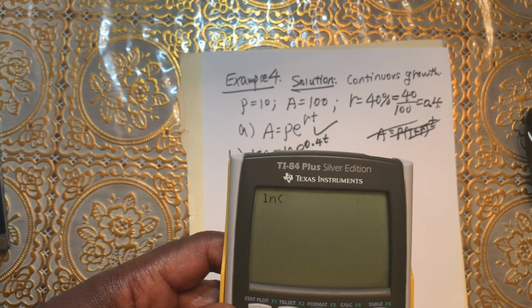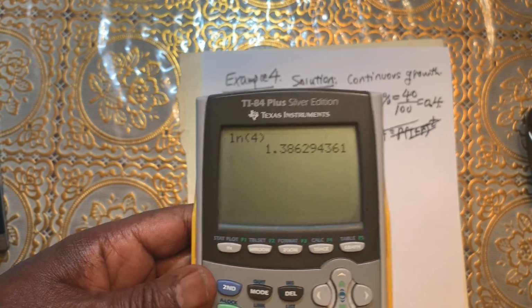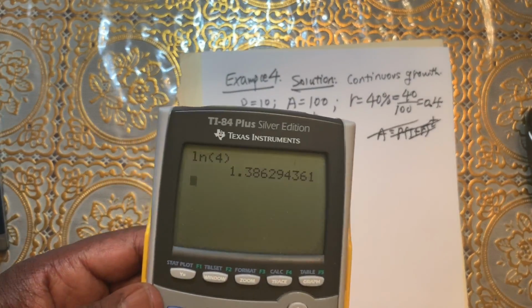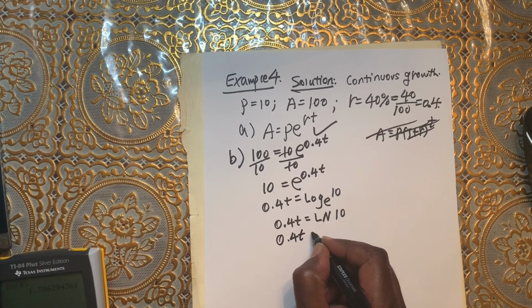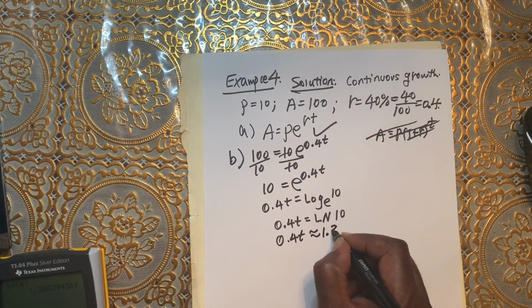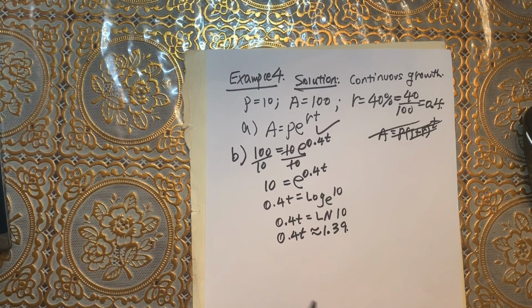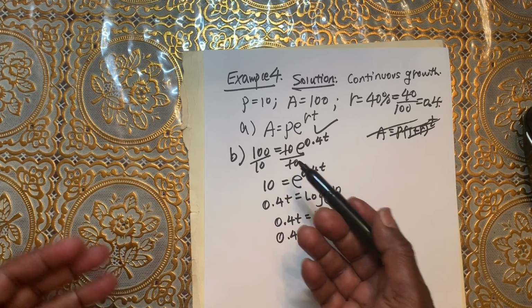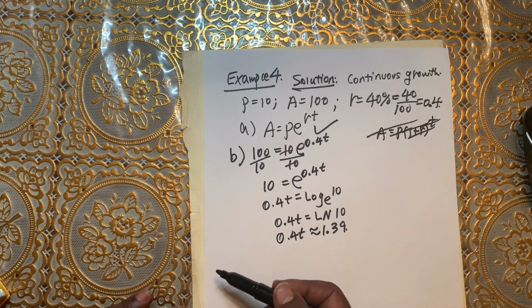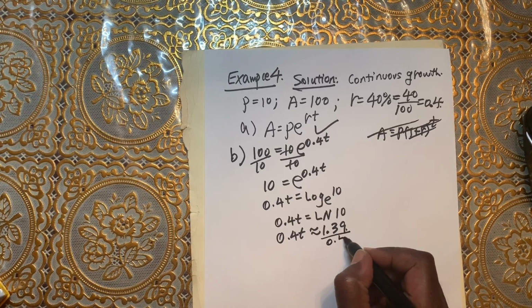So I press ln of 10, which is 2.303. Once I get that, I divide by 0.4 to get the time it took to go from 10 in the park to 100.